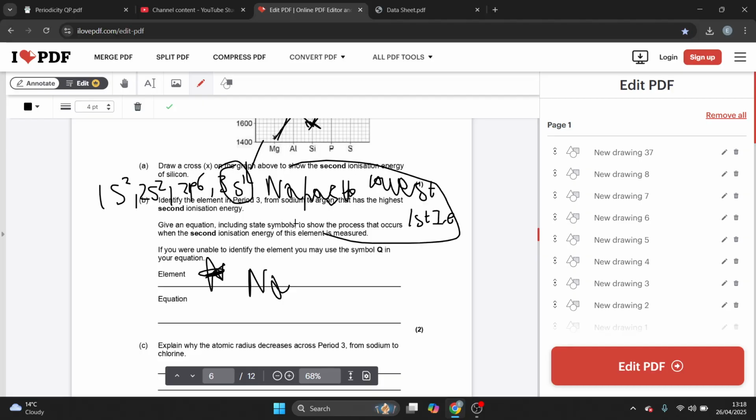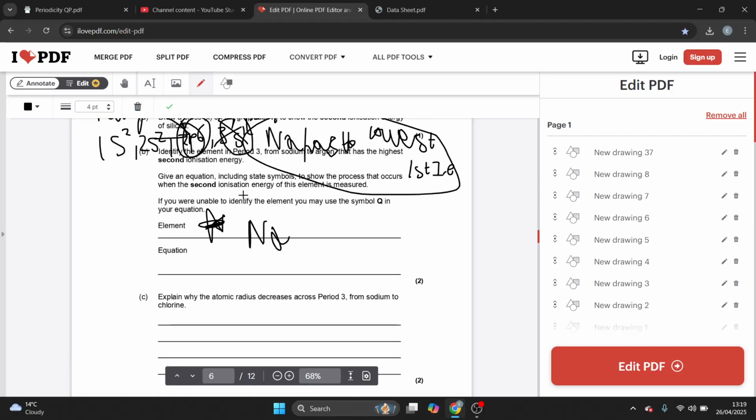That's why it has the lowest first ionization energy. But once that's happened, for the second ionization energy you'd have to pull an electron from a fully stable 2p orbital, and therefore it's going to require a large amount of energy to overcome. Therefore, it's going to have the highest second ionization energy.